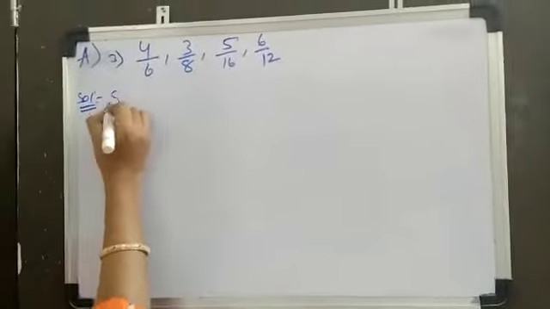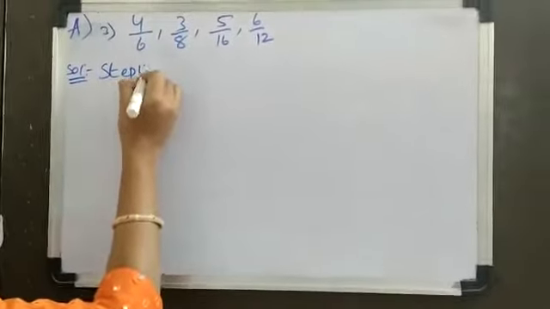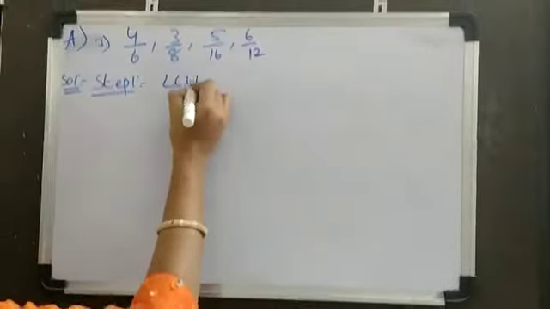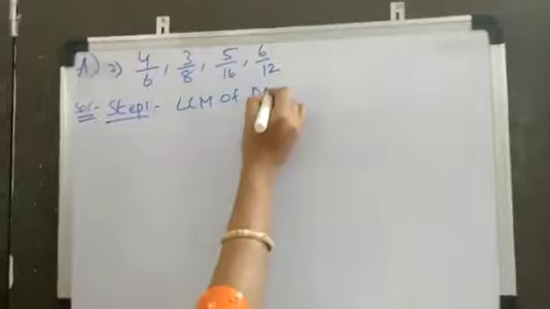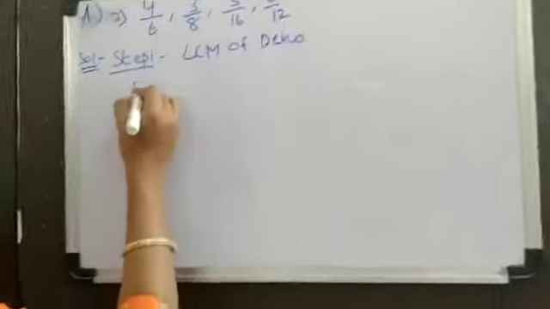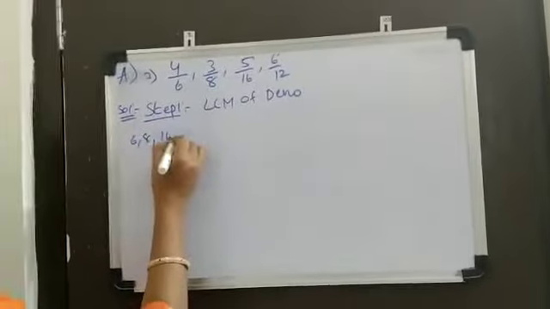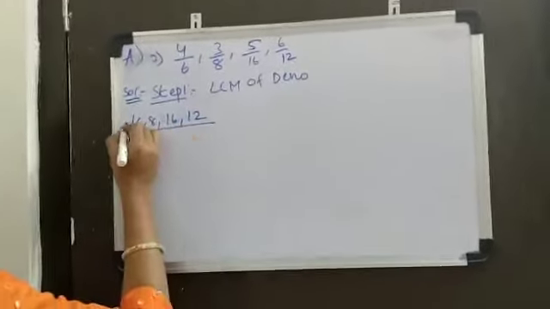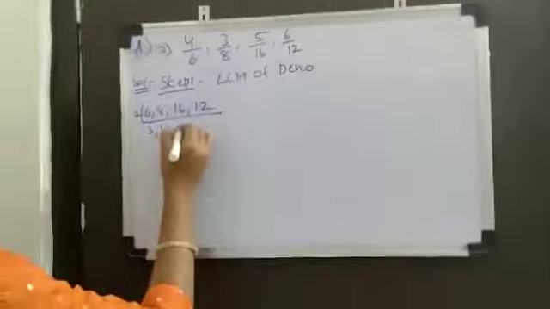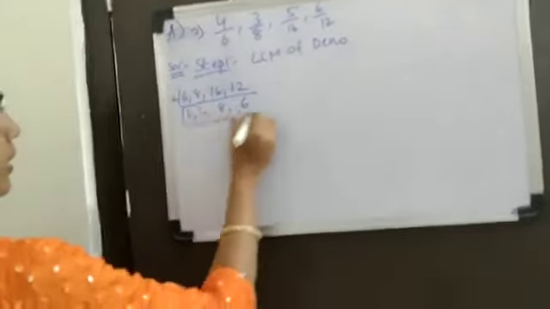Try to recap. First step. What is the first step? I said you have to take the LCM of the denominators. So 6, 8, 16 and 12. Start with 2: 2 3s are 6, 2 4s are 8, 2 8s are 16, 2 6s are 12. Then 2 3s are 6, 2s are 2, 4s are 4, 3s are 3.